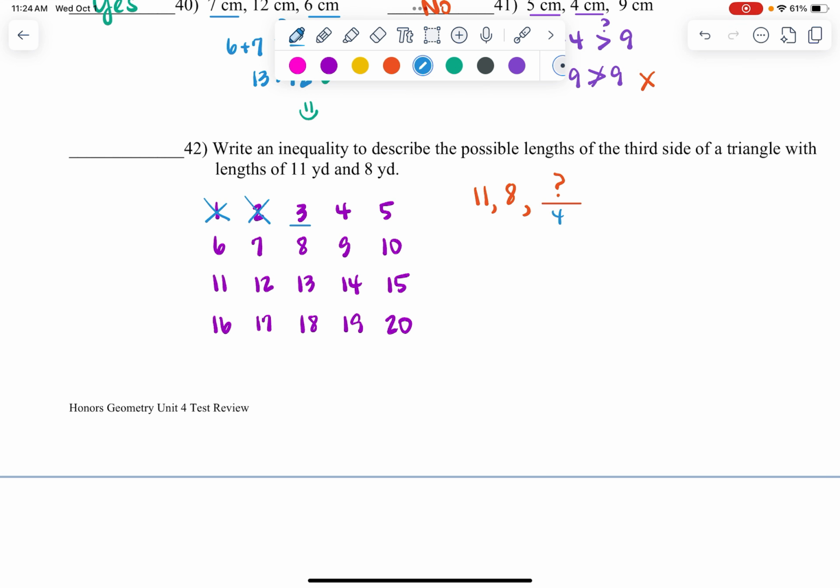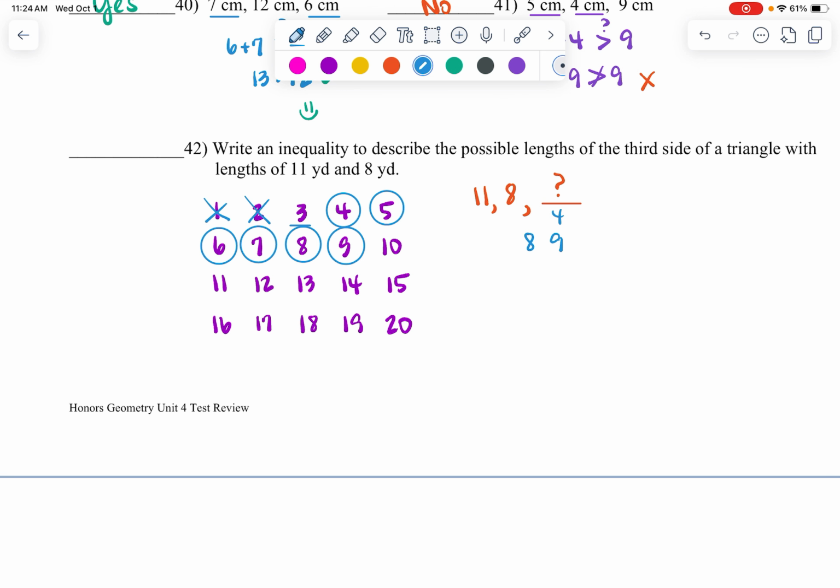Could it be 4? Well, yeah, now we're getting to some actual third side lengths it can possibly be, because 12 is greater than 11. What about 5? Yes. 6, yes, because 14 is greater than 11. 7, yes, because 15 is greater than 11. 8, yes, because 16 is greater than 11. 9, now 8 and 9 are my smallest sides.